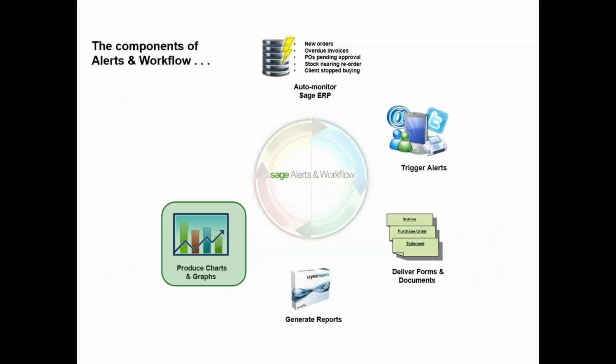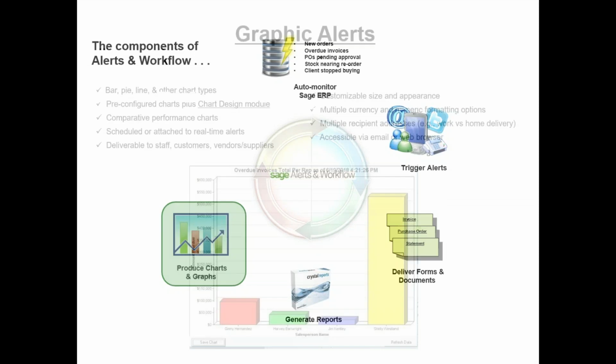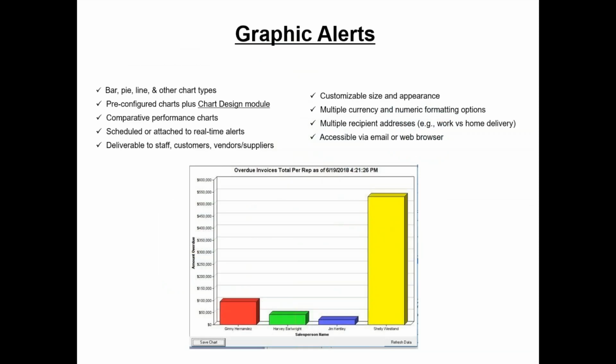And then we come to the final type of content that alerts and workflow can generate and deliver, and those are graphic alerts. I just talked about a customer who has changed their buying habits. Well, yeah, we could generate an analytical report and send that off to the corresponding sales rep. What that sales rep might like even better is a chart or a graph, perhaps a line chart that shows that customer's sales over the last 6, 9, or 12 months.